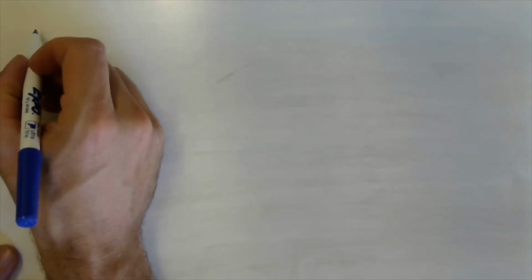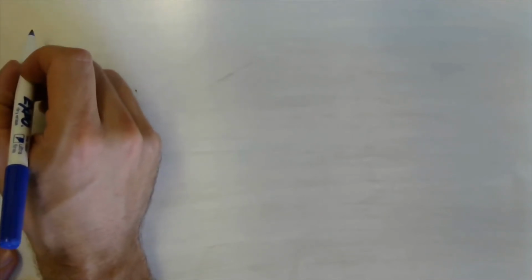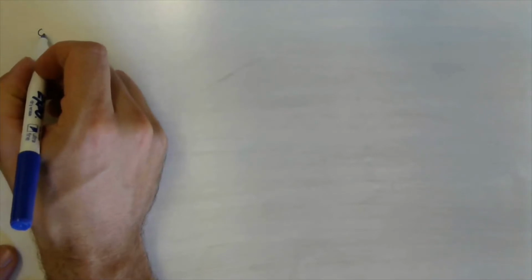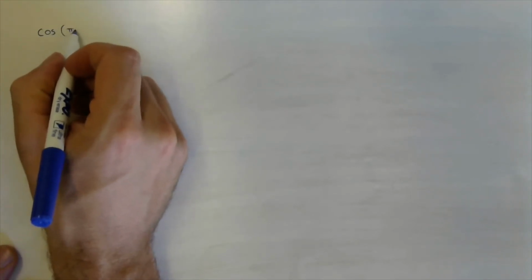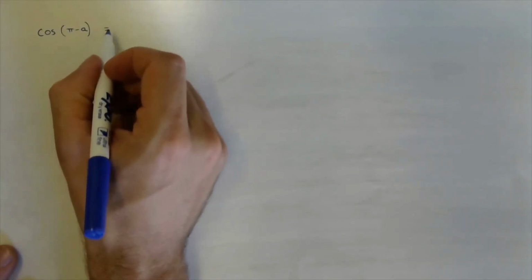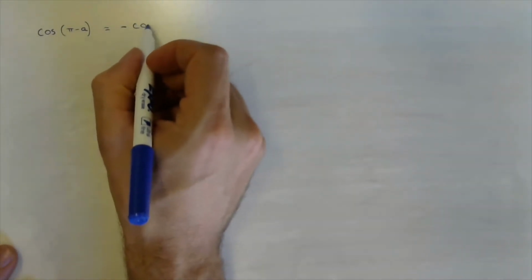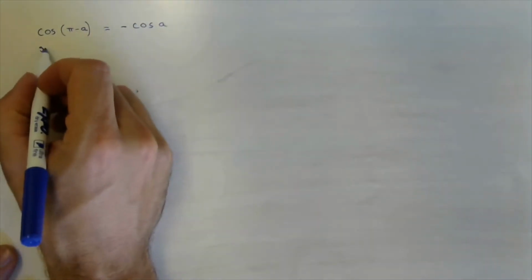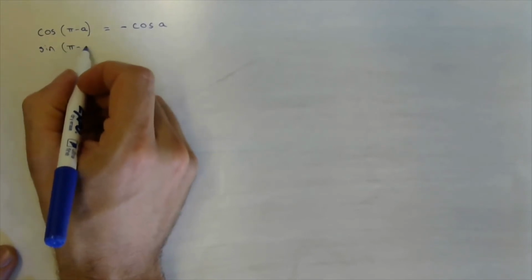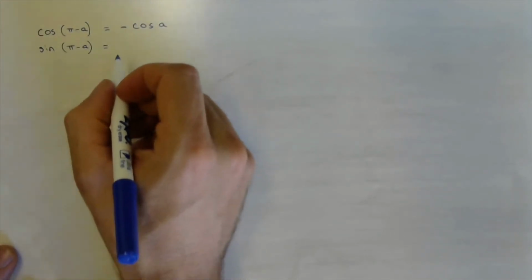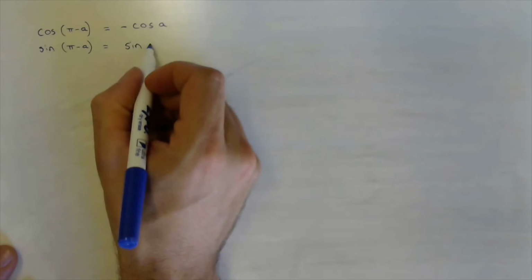We're looking at the angle of pi minus a. So the cosine of pi minus a we determined is equal to negative the cosine of a. The sine of pi minus a we determined is equal to the sine of a.